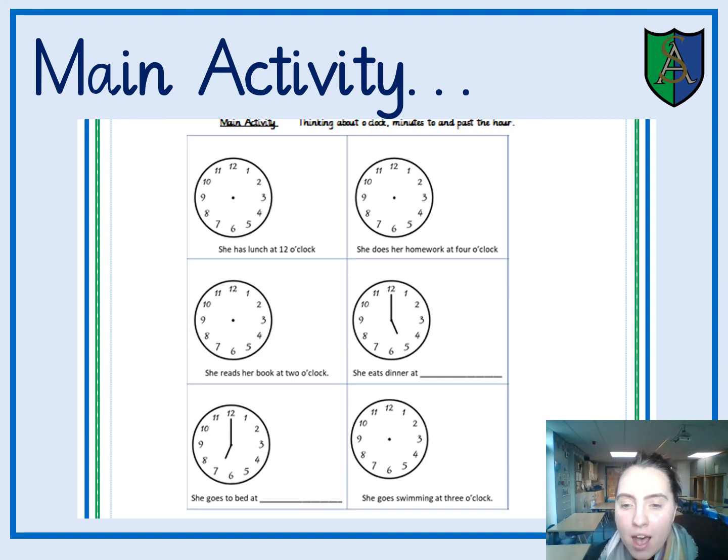So the first part of today's activity is for you to identify the times that are on each of the clocks. Now that might involve drawing the hands on the clocks, or it might involve writing the times on the clocks as well, okay? So you've got 6 little clocks there, and I want you to identify the times for each of them, really focusing on this idea of o'clock, okay?